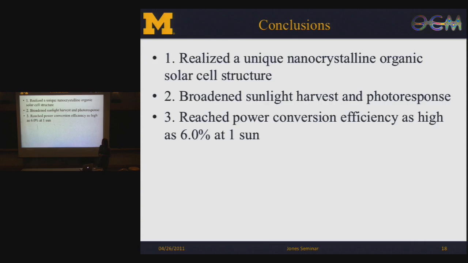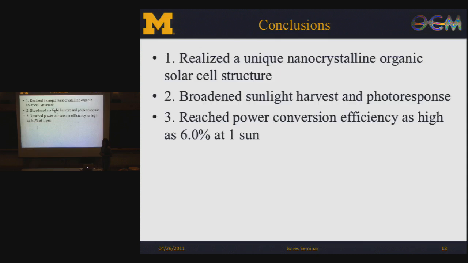Overall, we have proposed and designed a unique nanocrystalline organic solar cell structure. We also have synthesized new organic materials to build high-efficiency solar cells, and at one sun illumination, our solar cell can reach efficiency as high as 6%.